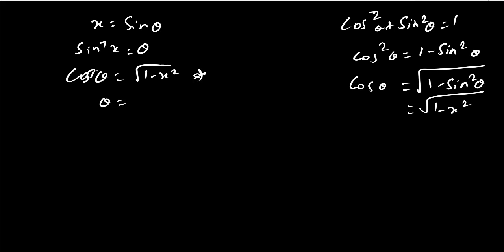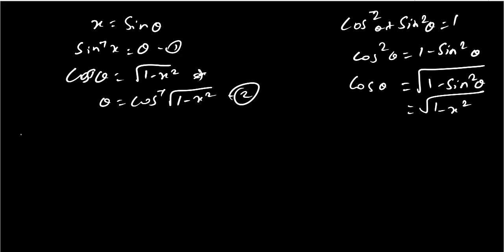Theta equal to this cos, if you bring it here, it will become cos inverse of square root of 1 minus x square. This is from here, theta equal to sin inverse of x, theta equal to cos inverse of square root of 1 minus x square. This is the first relation. This is the second relation.